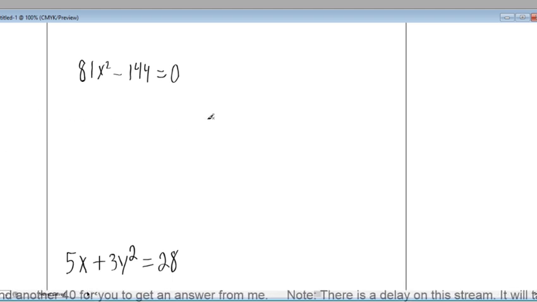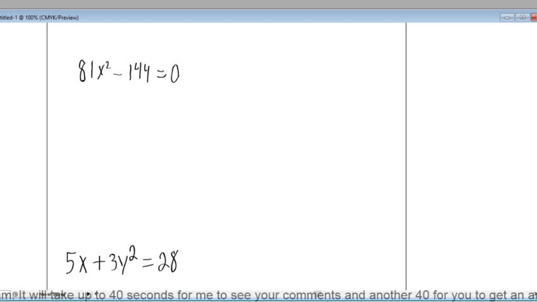Well, just as it is, we could add 144 to both sides and then divide by 81 and take the square root of both sides. However, instead of just using normal solving skills here, let's try something different. Something we've actually used in the past but haven't used in this way.